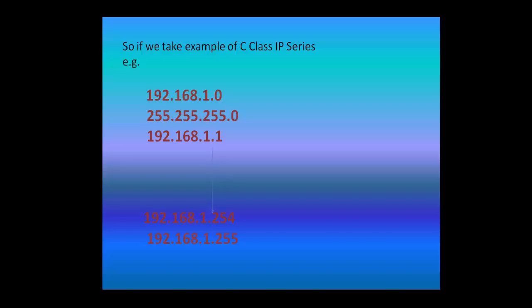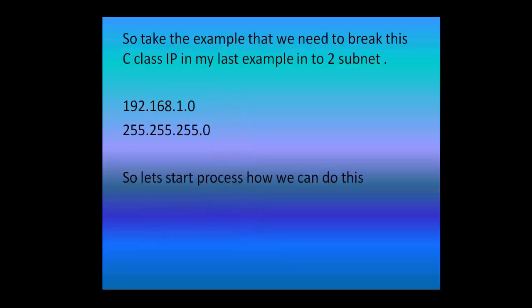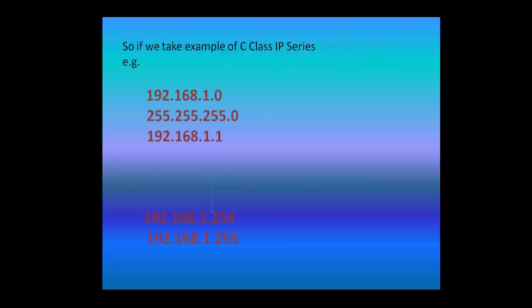So, the network ID, the valid IP range, I have explained that, and this is the broadcast IP. For the entire 192.168.1.0 network, the broadcast domain is one. I want, rather than a single broadcast domain, to divide it into two broadcast domains.